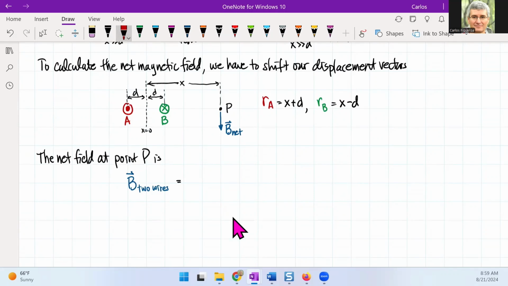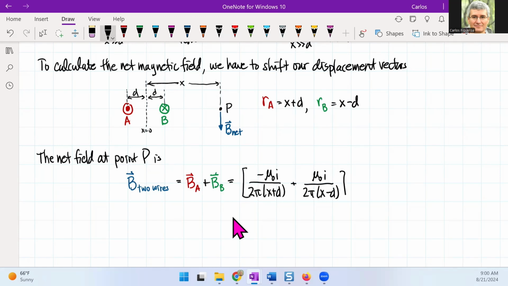And then I'm going to have my magnetic field due to A, my magnetic field due to B. And if I add these together, I'm then going to have 2 pi (x plus d), and that's going to give me minus mu naught I. And then I'm going to get 2 pi (x minus d), mu naught I. And of course, this will be all in the y direction.